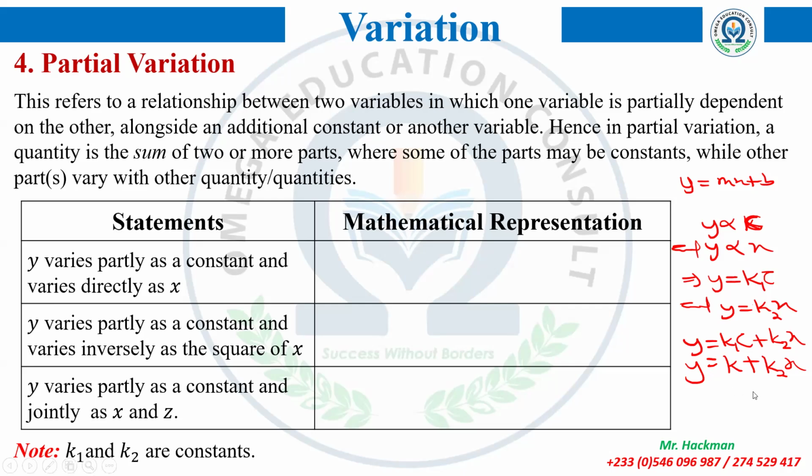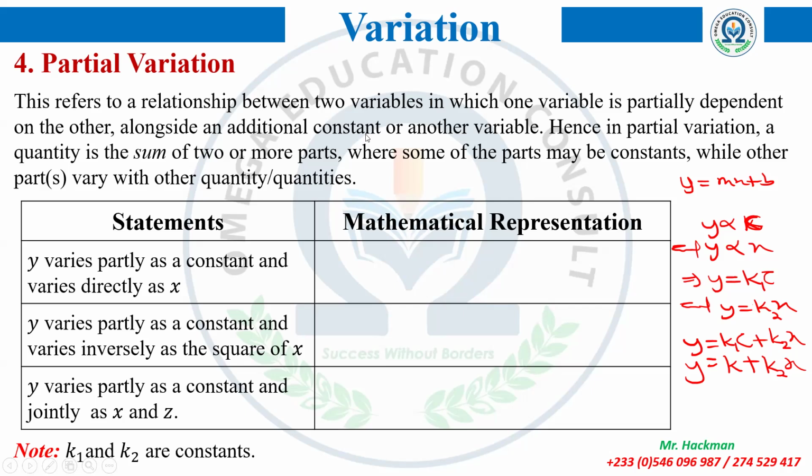But with this one, how many k's can you see here? You have 2 k's. Each term will have a k. With the other one, we only have one term, therefore 1 k. With this one, you have two terms, therefore 2 k's. Only that I am using k and k sub 2, but all of them will be constant anyway.